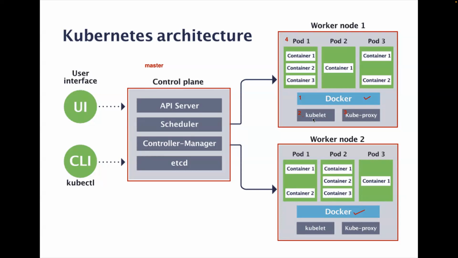Second component is kubelet. You will be configuring these agents. We have to install and configure to make this setup, and once we set up, these components would be available on the worker node and on the master node. Kubelet is the Kubernetes agent running on every node, meaning your master node will give instructions to the worker node.